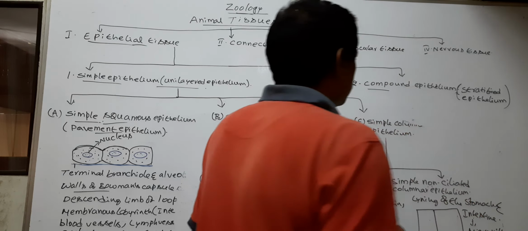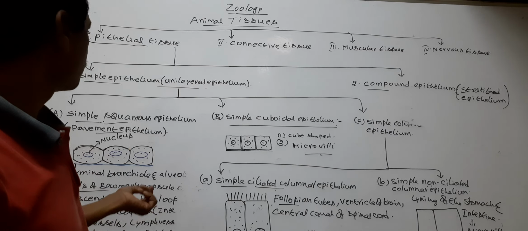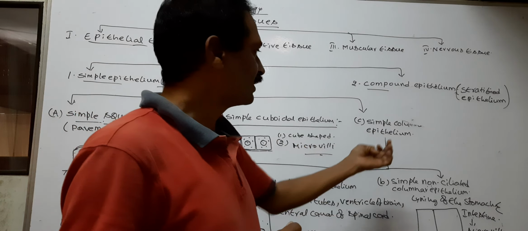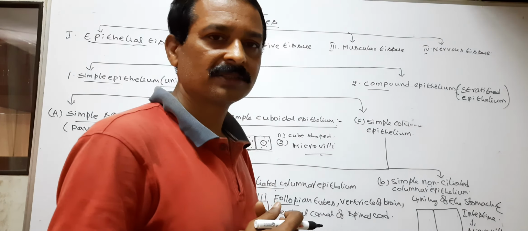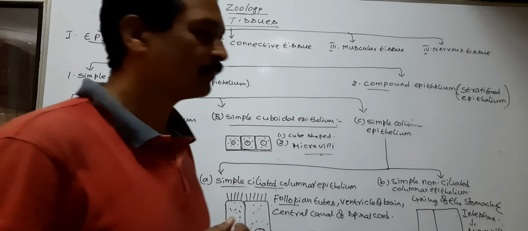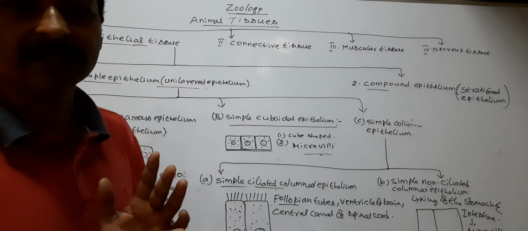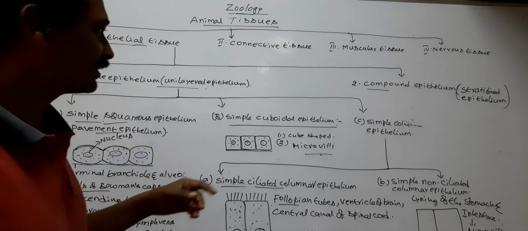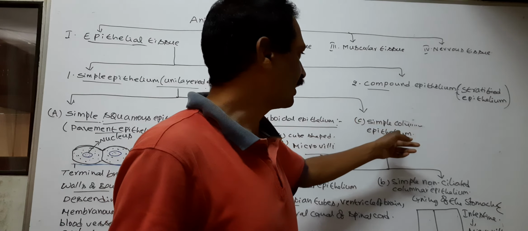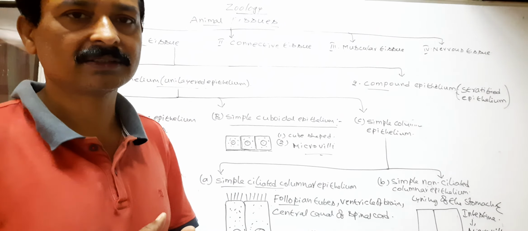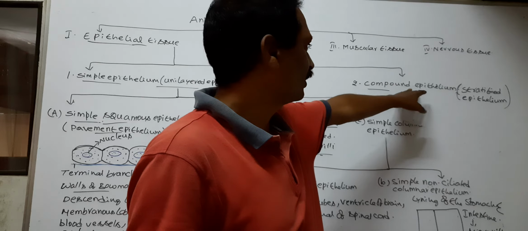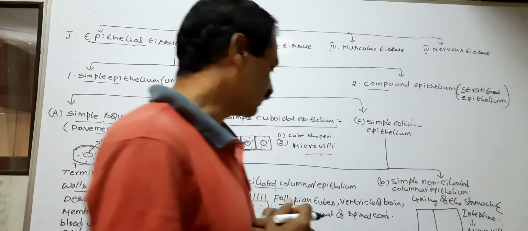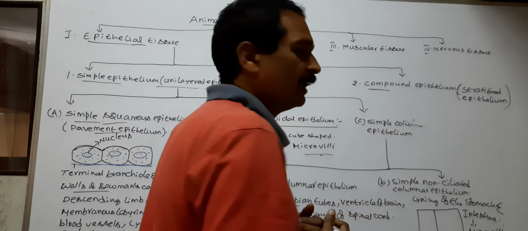It contains squamous epithelial cells, cuboidal cells, and columnar cells. In these layers, squamous epithelial cells, cuboidal epithelial cells, and columnar cells are present. It also rests on the basement membrane.